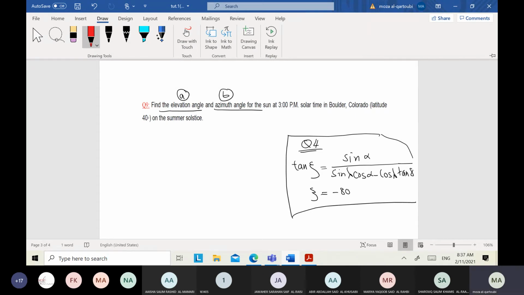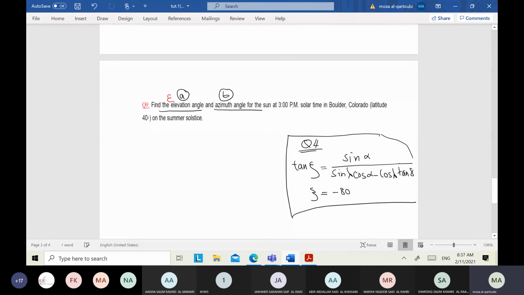We see the elevation angle in question number 5 in this tutorial. The first question, elevation epsilon, or tilt or inclination, epsilon. Yes, elevation angle, epsilon. So the rule of tan zeta, which we used before in question number 4, is without epsilon.